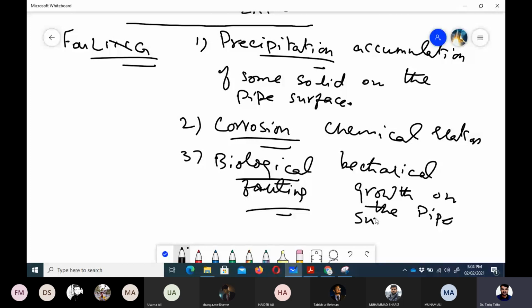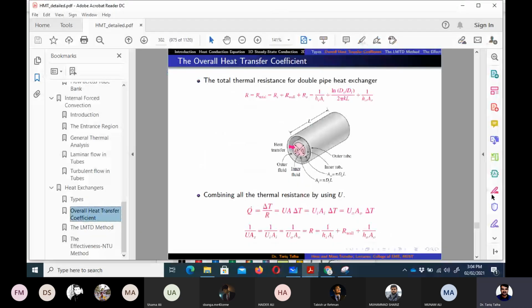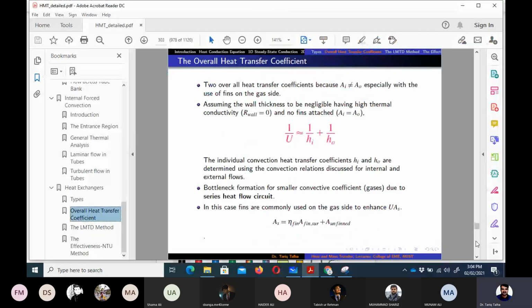To avoid corrosion, what we need to do is use some plastic pipes, or do some kind of chemical treatment on the pipe surface. And similarly, to avoid biological fouling, we can also do chemical treatment of the pipe surface. Right. So let me show you the picture of pipes having fouling.